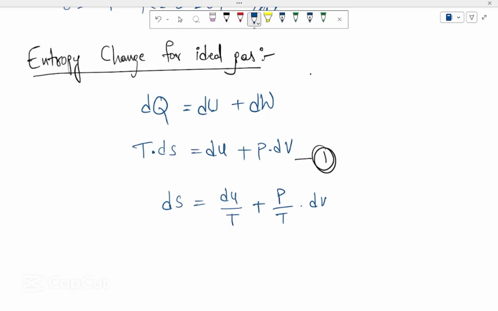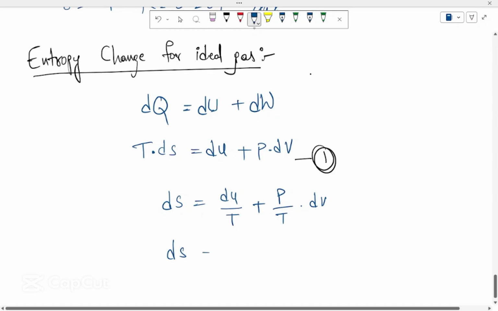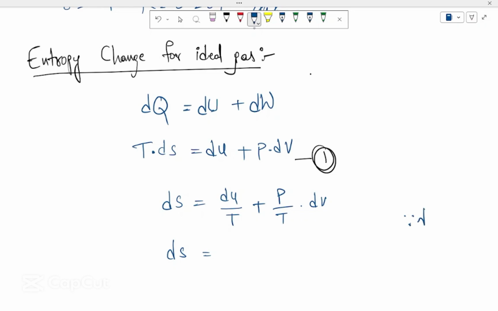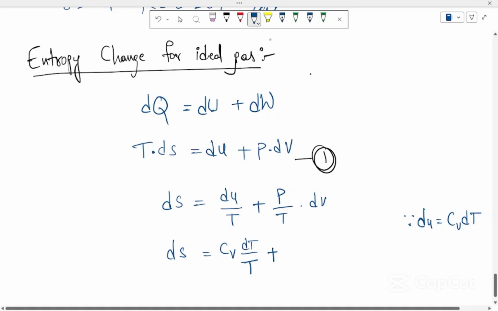In order to transform it further, I know that dU is equal to Cv into dT. So I will substitute that here: Cv into dT by T, plus P by T into dV, which is nothing but R by V. How do I get that?